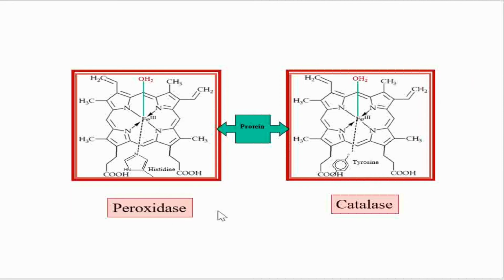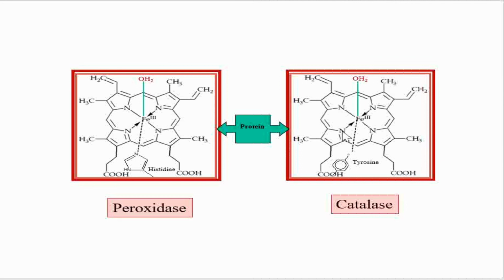Now come to the structure of peroxidase and catalase. In peroxidase, the iron center has a +3 oxidation state. Four coordination sites are satisfied by the four nitrogens of the four pyrrole rings, while the fifth ligand is the histidine residue of the protein, and the sixth ligand is a water molecule.